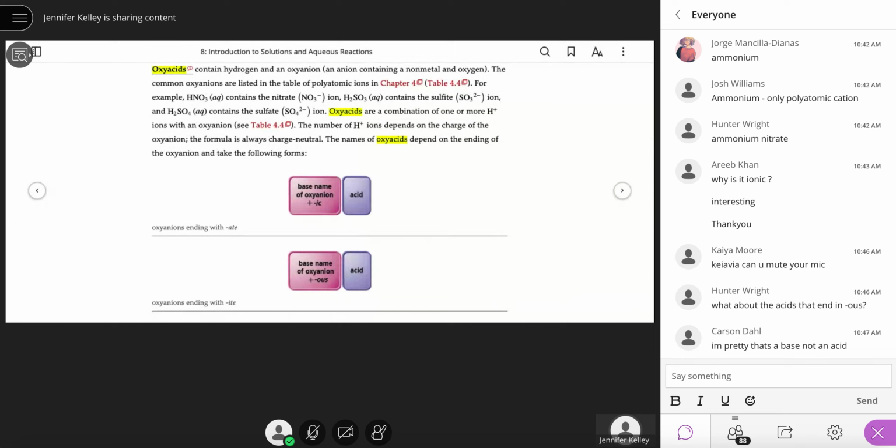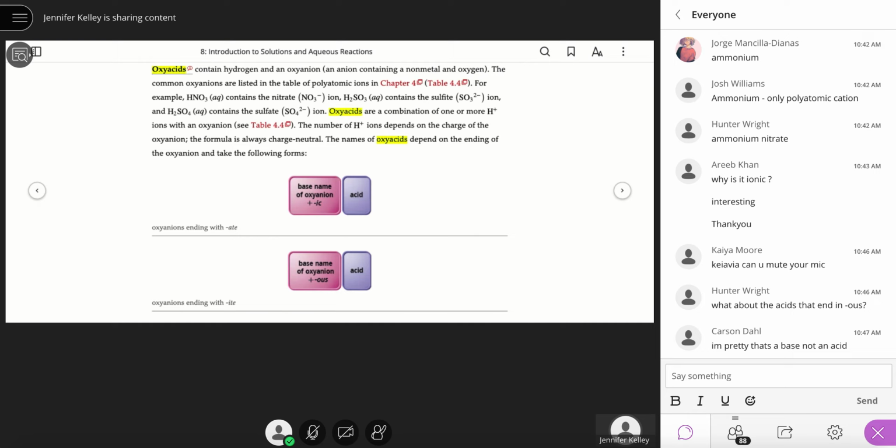If it's something that ends in ate, you put the base name of the oxyanion, change the ate to ic, and the last part is called acid. For example, nitrate ends in ate, so we'll drop the ate, replace it with ic, and then put acid on the end. So that would be nitric acid.